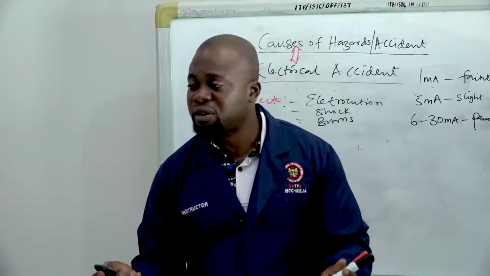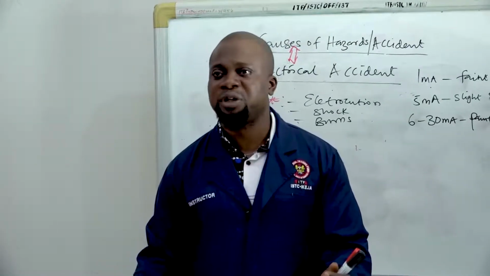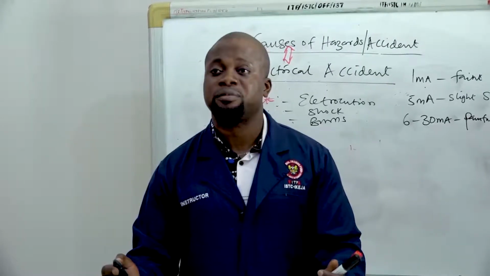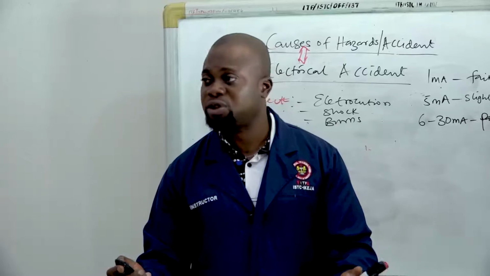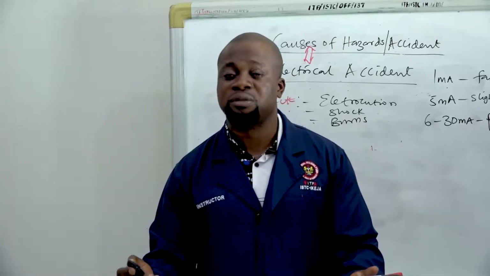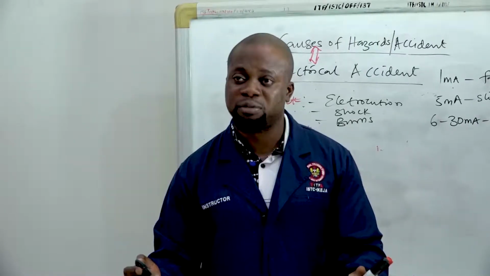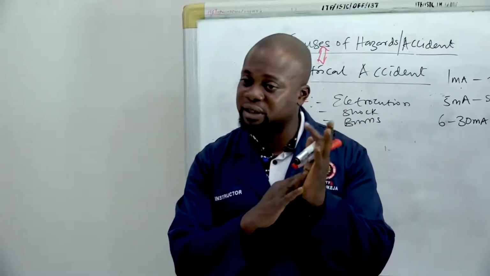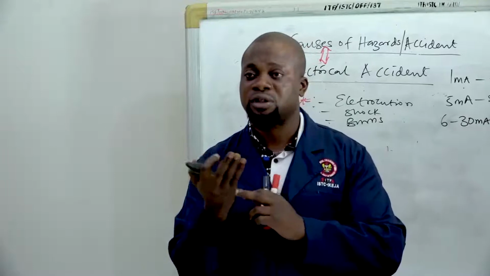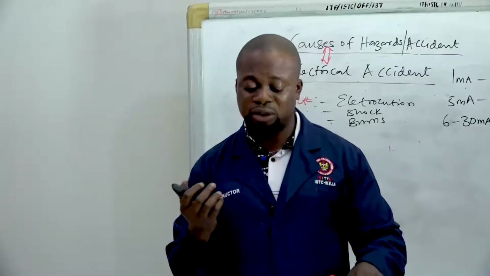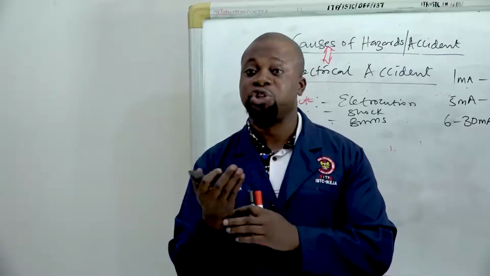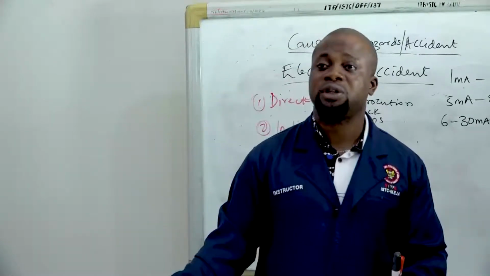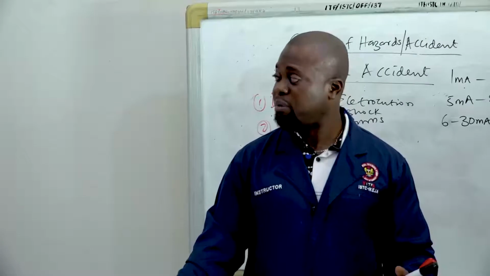So the effects of injuries have to do with cardiac arrest and respiratory failure, muscle, nerve and tissue destruction, and of course burns, as we have seen, different types of burns, including burns that can damage parts of the human skin forever, and degrees of burns, like we say first degree, second, and third degree, and thermal burns.